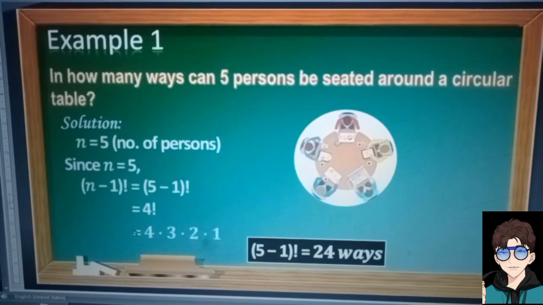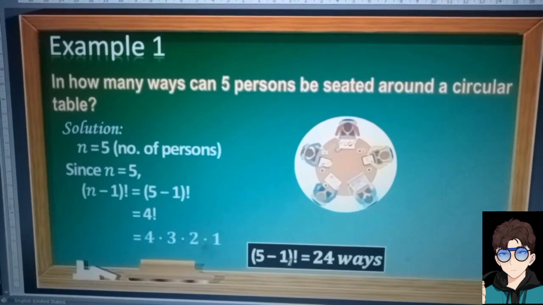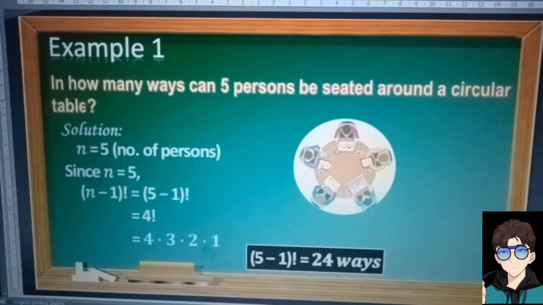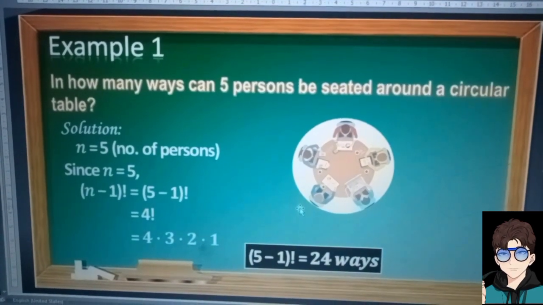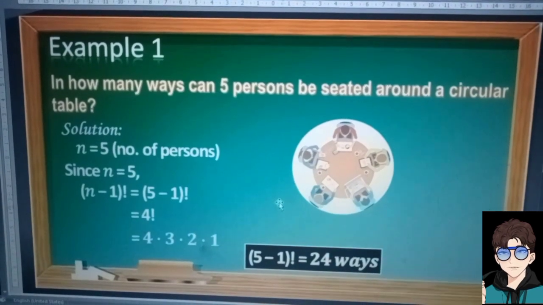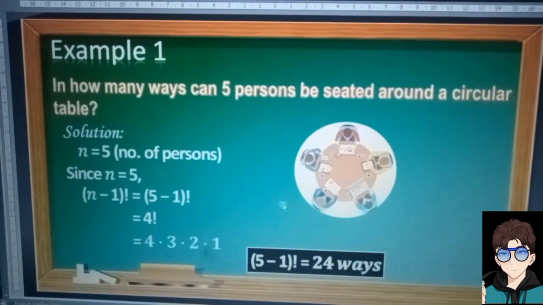Evaluating, 4 factorial is 4 times 3 times 2 times 1, which gives us 24. Going back to the question, there are 24 ways 5 persons can be seated around a circular table. That's the answer.